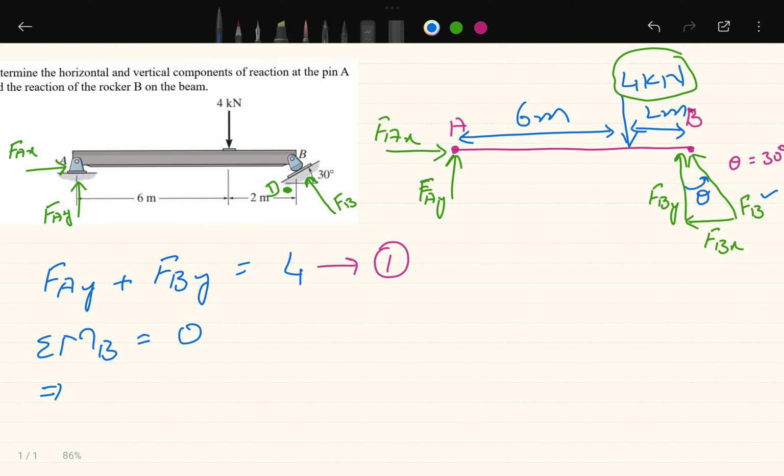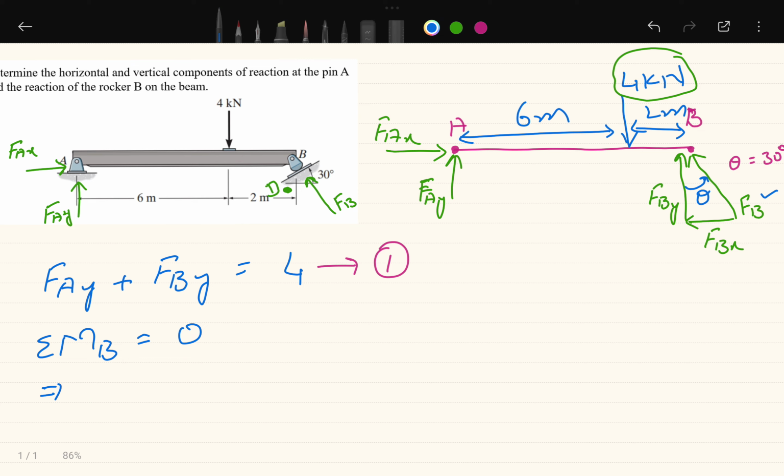Now if I look at it, FB will not have any moment. That means FBY and FBX will not have any moment about point B. FAX's line of action also passes through point B, so FAX will also not have any moment.